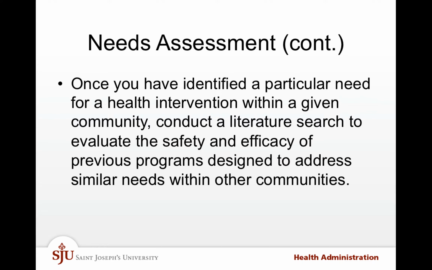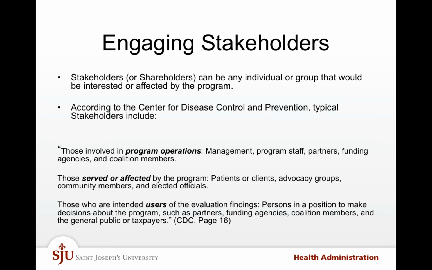So, for example, if there is a big problem with obesity in your community, look for an obesity prevention program or an obesity treatment program, and make sure it's evidence based, and then match your program or model your program after previous programs.